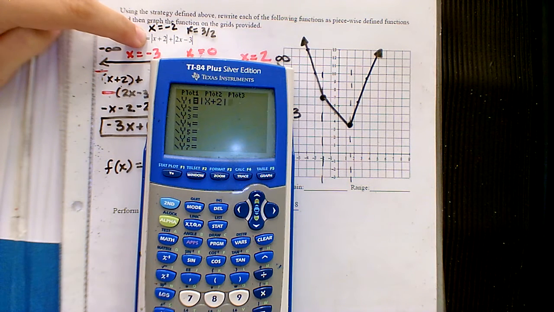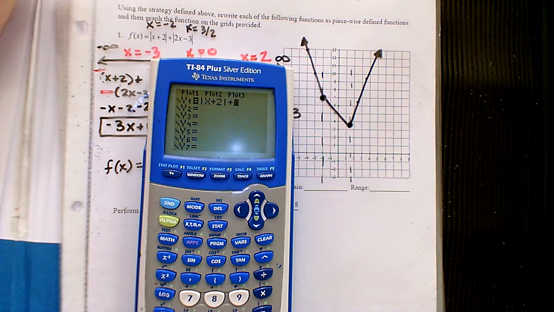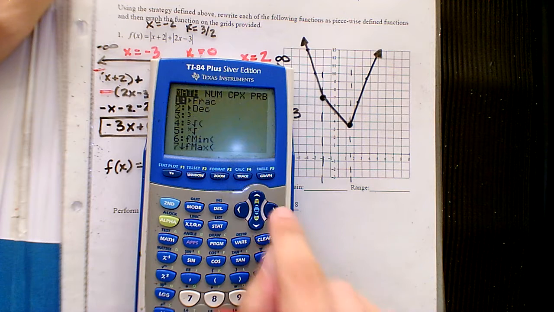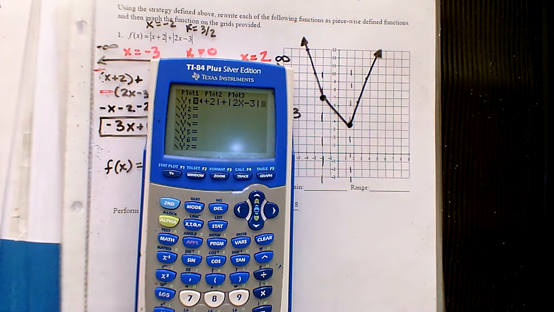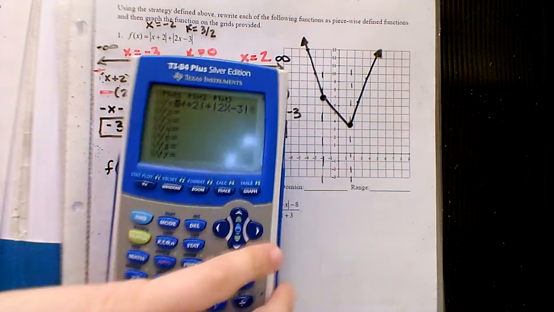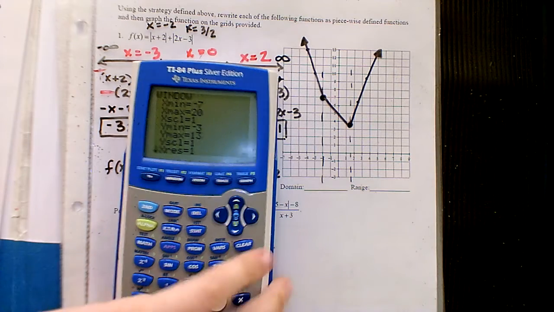We have to arrow over because we're going to have to add in another absolute value. So repeat the process to get the bars, and then we'll type in 2x minus 3. Before we hit graph, let's make sure our window is good.